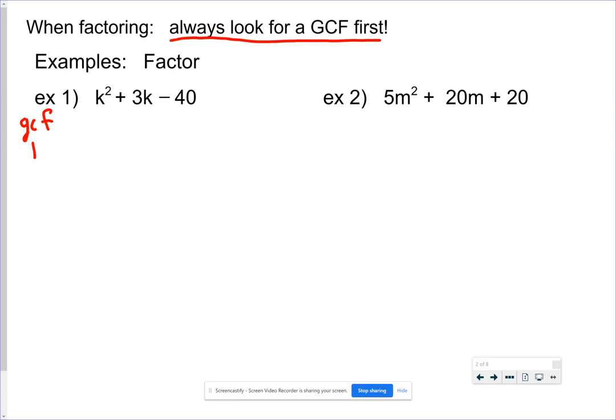What we're going to do, I'm going to show you how to do the table on this. So remember from section 2.5 notes that I need two numbers whose product is negative 40 and whose sum is positive 3.